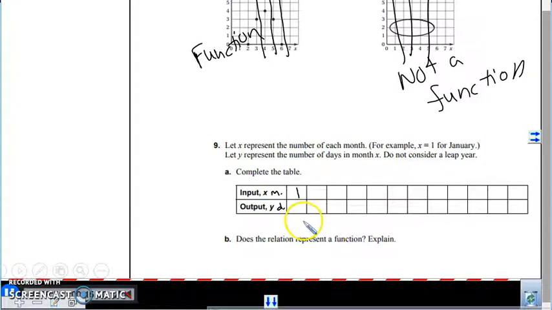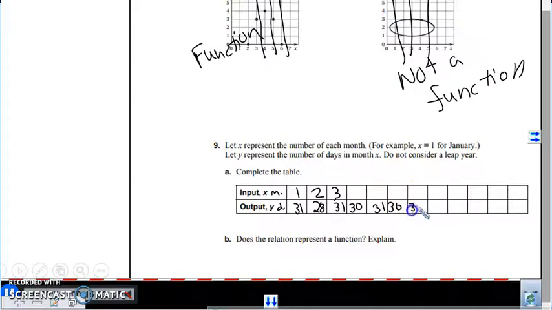January has 31 days in it. February has 28 days in it. March has 31 days in it. April has 30 days in it. May has 31 days in it. June has 30 days in it.